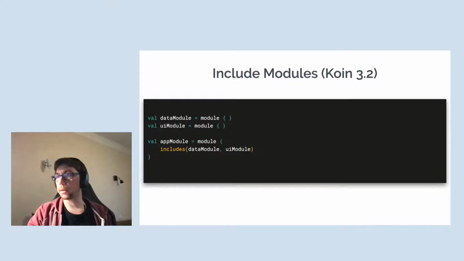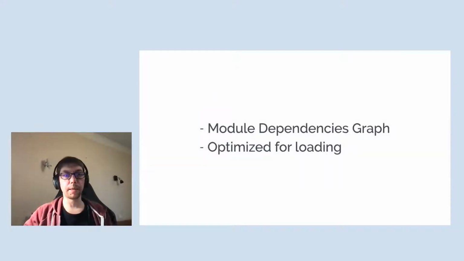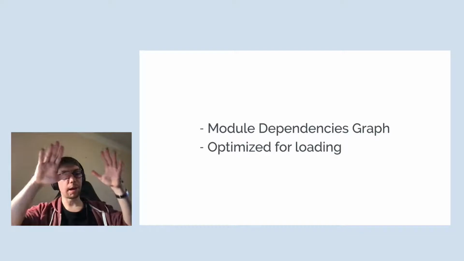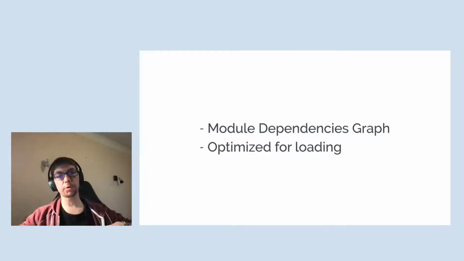But now we can allow a module to include other modules, and it will help us flatten everything for you, optimize the performance, and be sure that we load everything one time. We are flattening a complete module graph for you, and then performance is better.